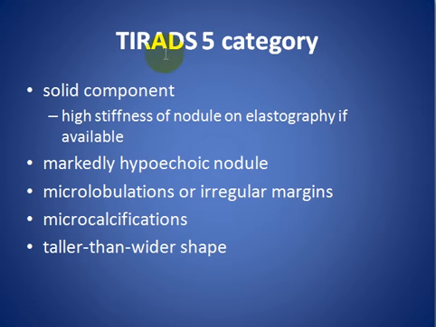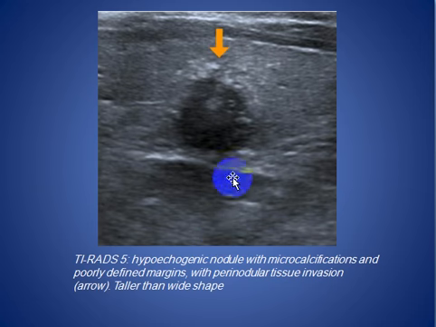Type 5 thyroid RADS. It has all the criteria mentioned previously: solid component, hypoechoic, microlobulation, microcalcification, taller than wide, and associated with lymphadenopathy.